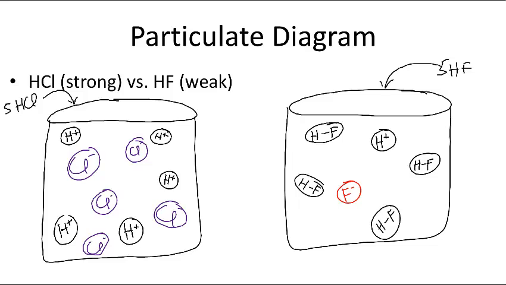So in this case, the distinction between HF and HCl, it turns out it's going to be the bond strength. Hydrogen and fluorine have a pretty similar size. They make a nice strong bond. And so it's harder to break that bond up than it is for HCl. Chlorine is a much bigger atom, and it's really hard for it to bond with hydrogen.